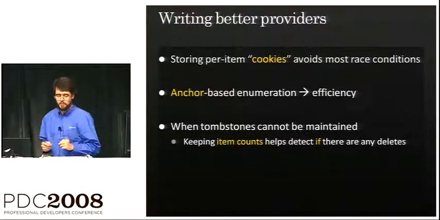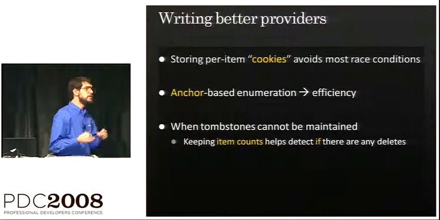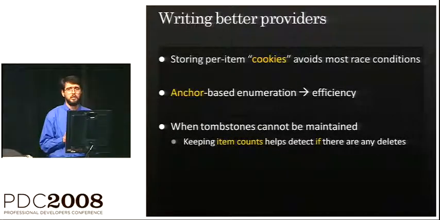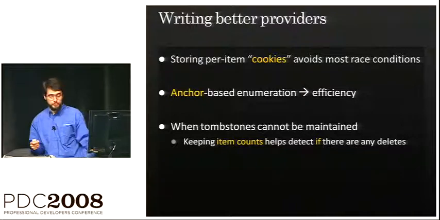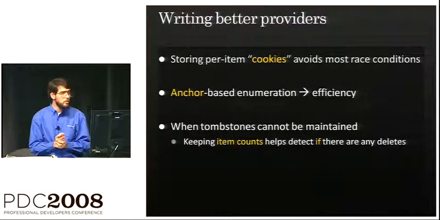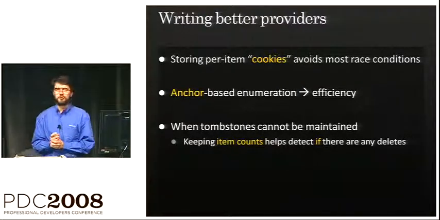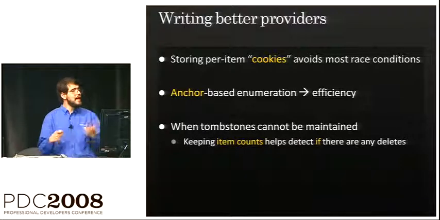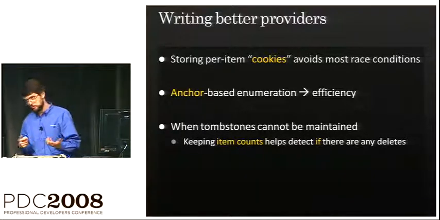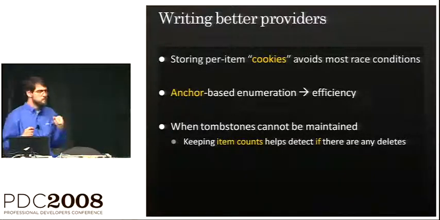For instance, this is one of the things that both Photobucket and SmugMug did in their services, and that dramatically improves the sync experience to those sites. The other thing, of course, is to implement an anchor-based provider. If your store has an ability to implement anchor-based enumeration, that's wonderful.